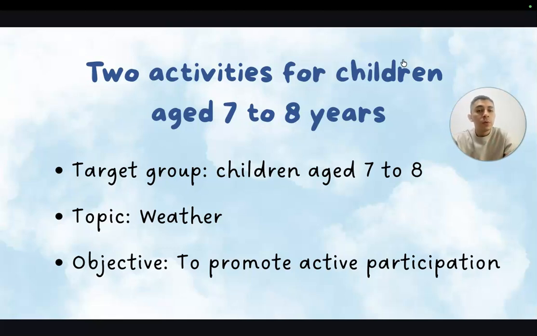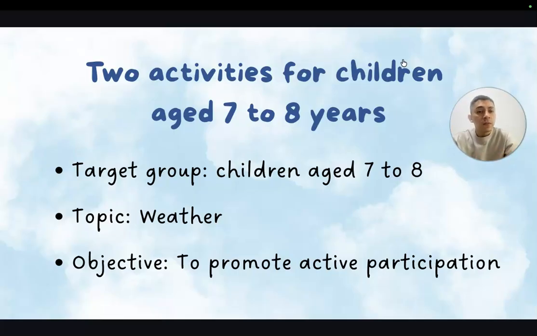I chose children between 7 to 8 years old because at this stage they can already produce short sentences and follow more structured instructions, but they still need movement, visual support, and symbolic play to stay motivated. At this age, the kids are pretty active.